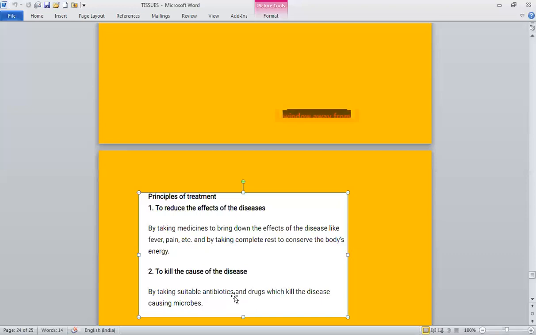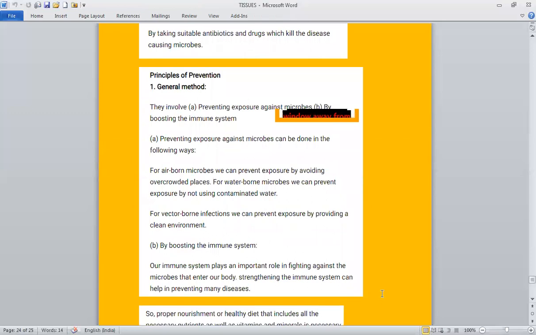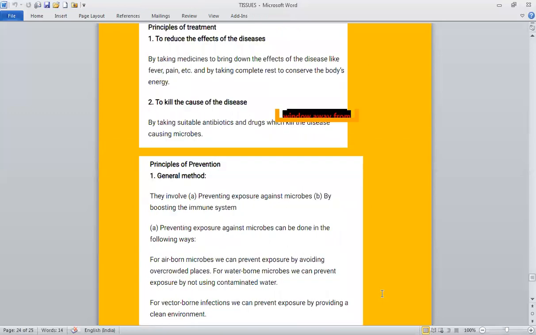To kill the microbes, we can take certain chemicals in the form of medicines. These chemicals selectively act on the metabolic process of the microbe and kill them.